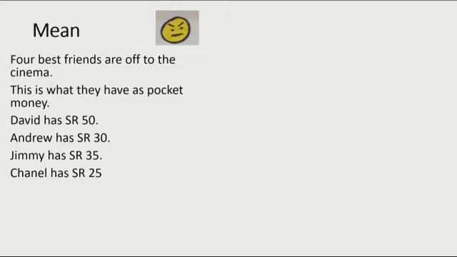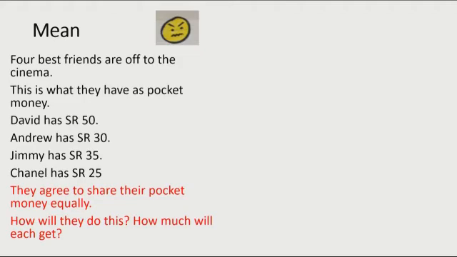Remember, they are best friends, and this is what they decided. They agree they're going to share their pocket money equally because they want everyone to have the same amount. How will they do that? What do you think? How much will each get? What will you do?